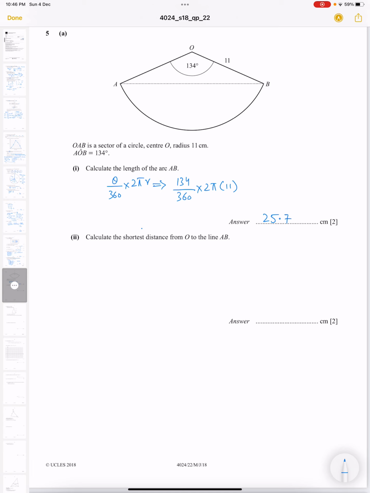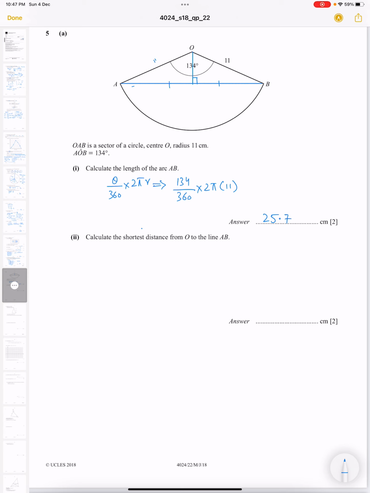Now the shortest distance from O to the line AB. AB line is this one, the straight line. So let's calculate the shortest distance. That will be the straight line at a 90-degree angle. This distance will be the shortest one, 90-degree angle. So we know from the properties of a circle that this perpendicular basically divides the chord AB into two equal parts.